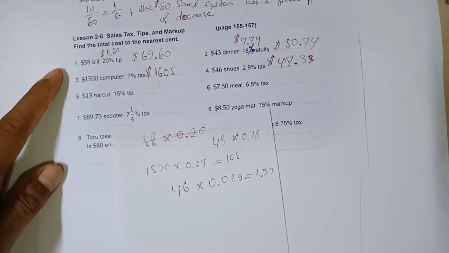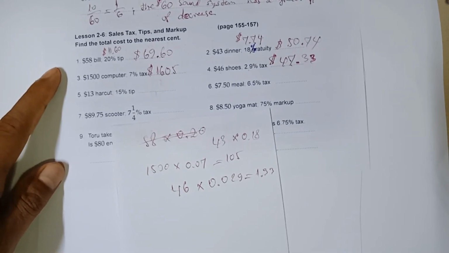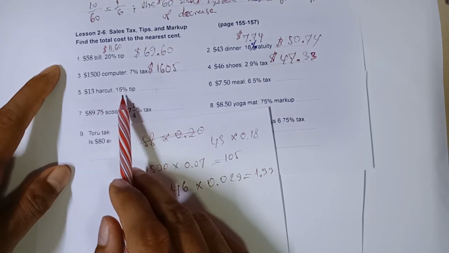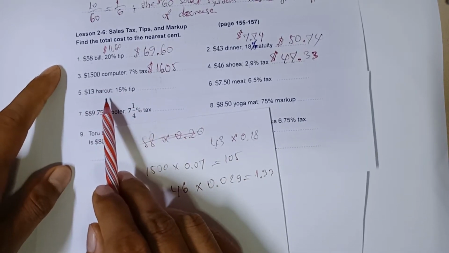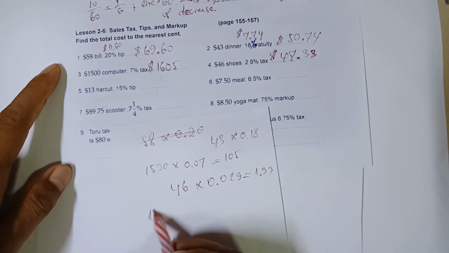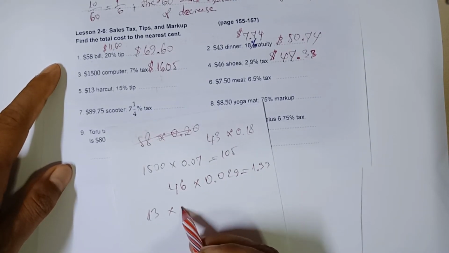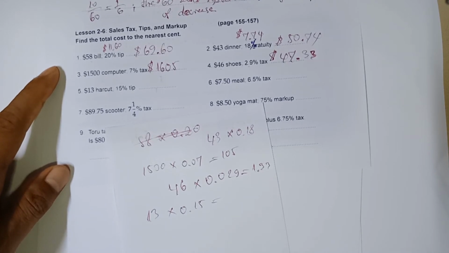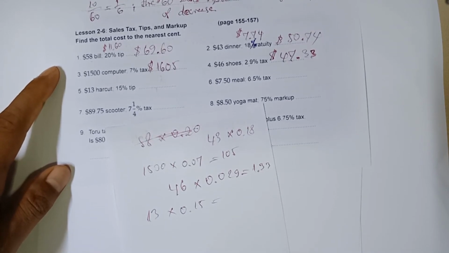Number 5. Haircuts have tips as well. You have $13 and give a tip of 15% of the $13. So 13 multiplied by 0.15 gives the tip that you give to your hairdresser at the barber shop.